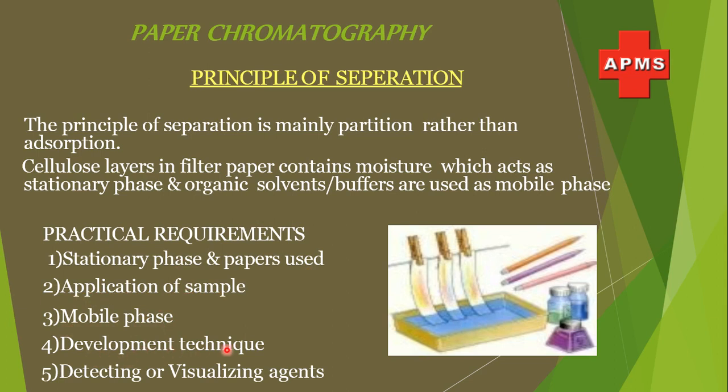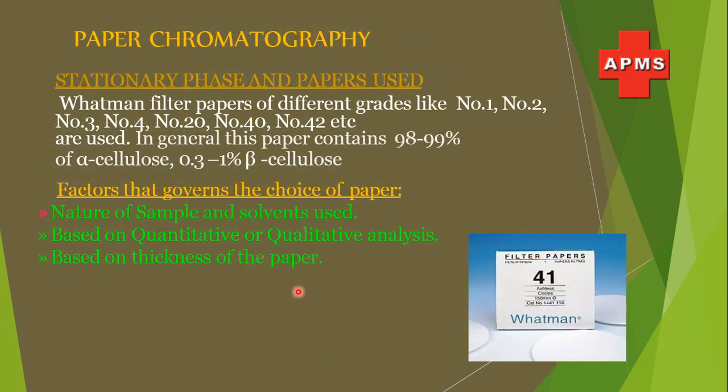Now the fourth is the development technique, when the mobile phase goes from bottom to up direction, and the various components separate on this stationary phase or this paper. So this is the development technique. And fifth, detecting or visualizing agents. So these are the various practical requirements to complete a paper chromatography experiment.